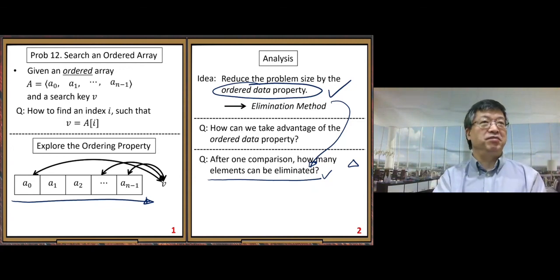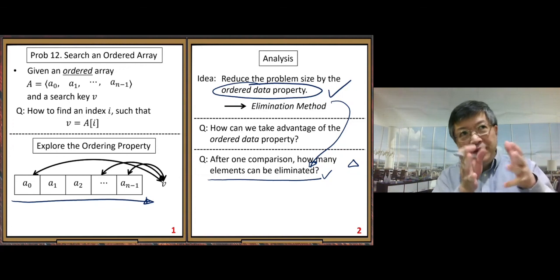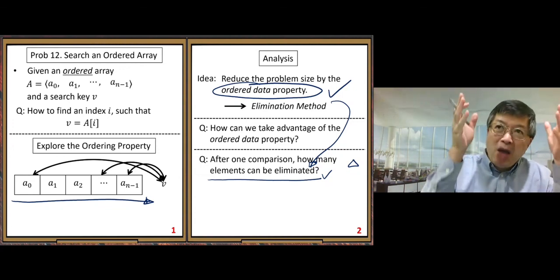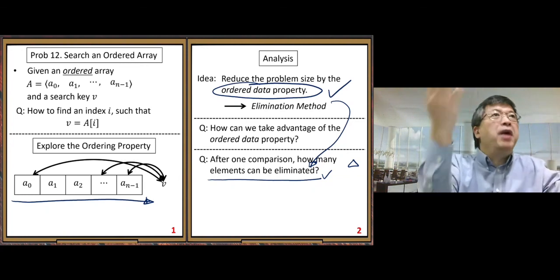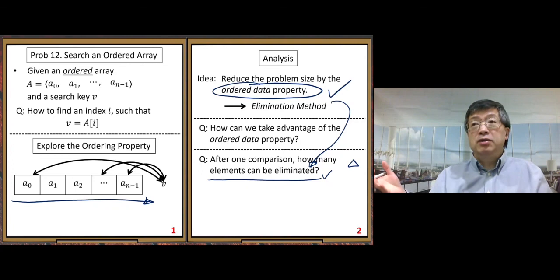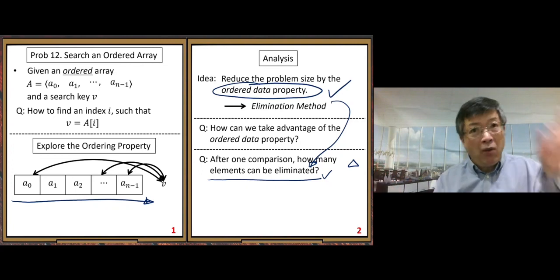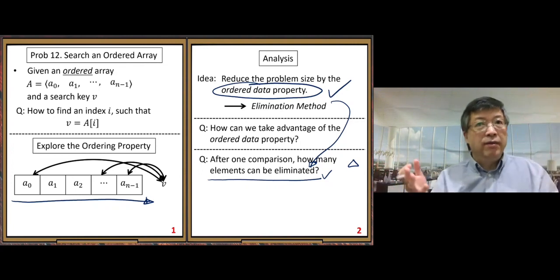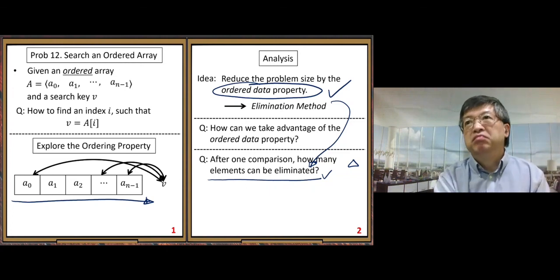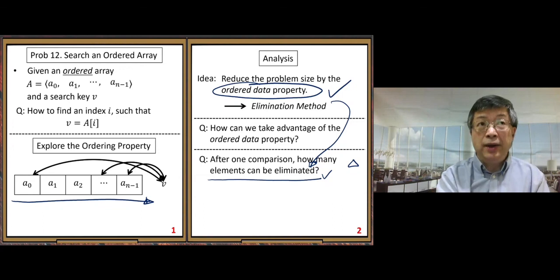That's the first question, then we try to go deeper. The more elements that can be eliminated, the better the method. The more elements that can be eliminated by one comparison, that should be the good way we take.